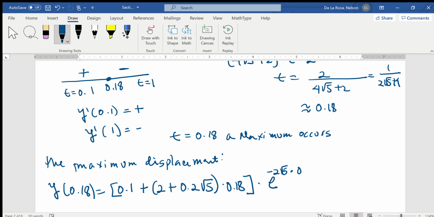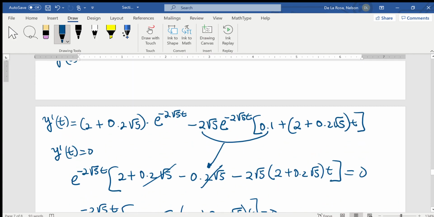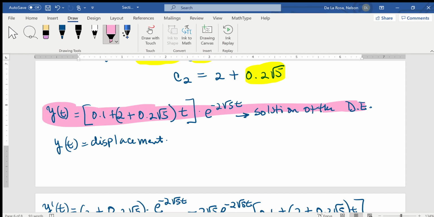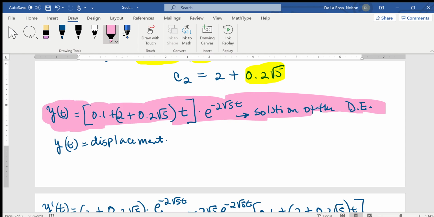So what we did here is, in the function we found in the solution of the initial value problem, in this solution, the one that I'm highlighting now in pink, you have to replace the value of t where the maximum occurs, and that t we found to be 0.18.